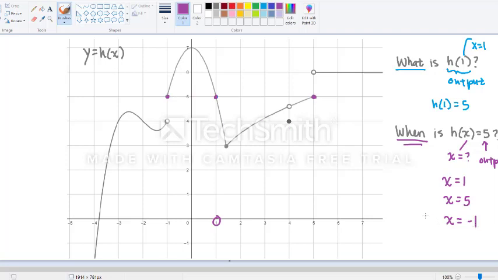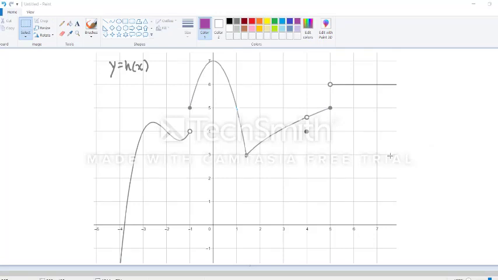So that was actually not the only time, right, that the output is 5. When we look across the whole way, we see that there's multiple options here. But I might want to ask more interesting questions if I'm trying to analyze this.